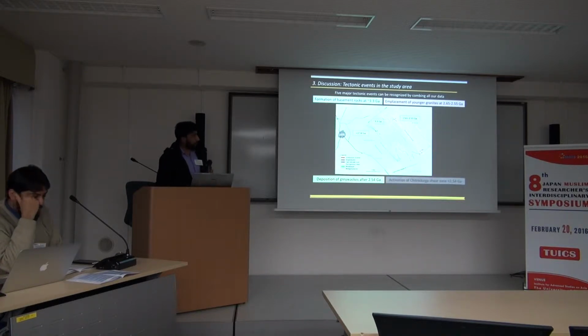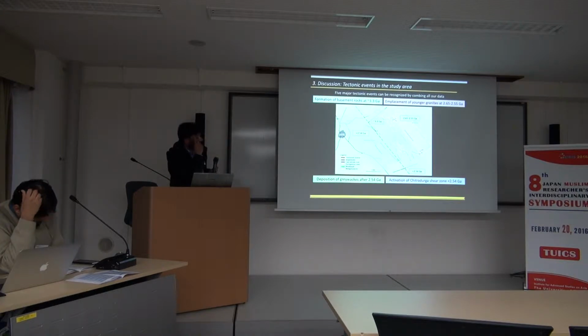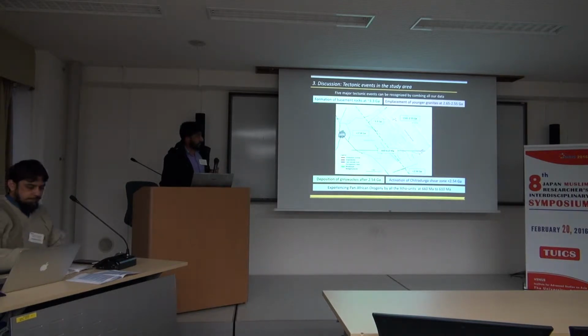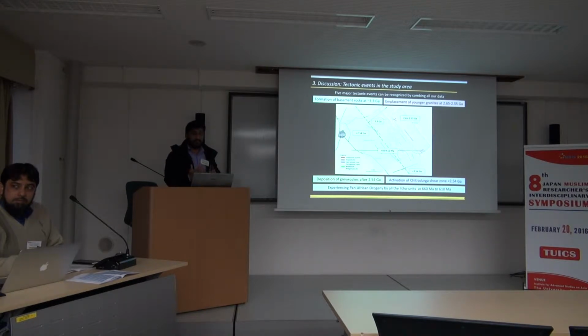After that there was shearing, a structural movement between these 3.3 Ga and 2.5 Ga rocks, and after that there was a tectonic disturbance at 660 Ma to 610 Ma. So this is the result. I don't know, it's kind of theoretical work, so it would be really difficult for me.